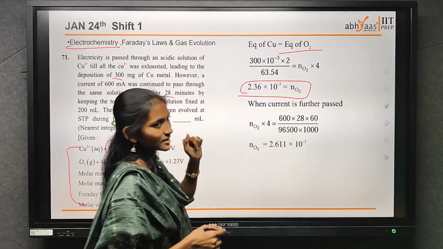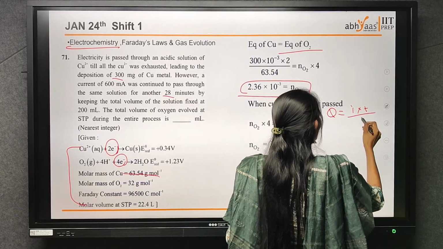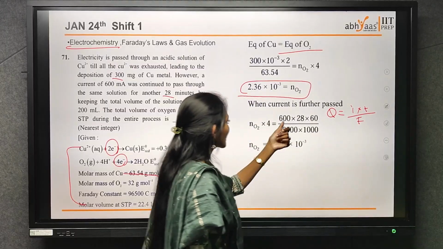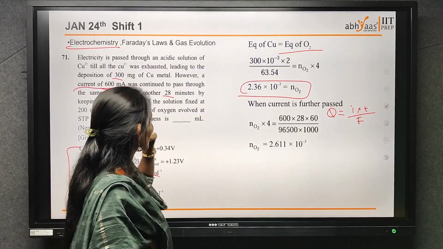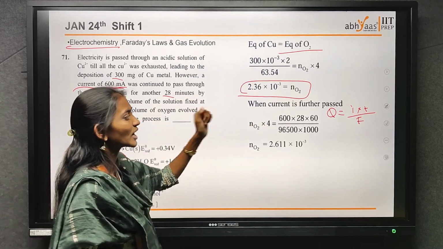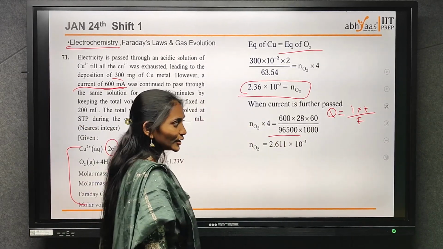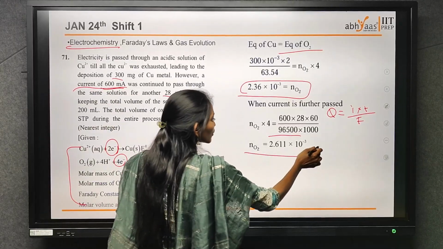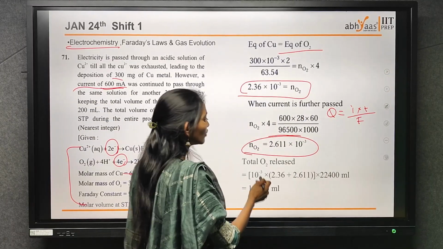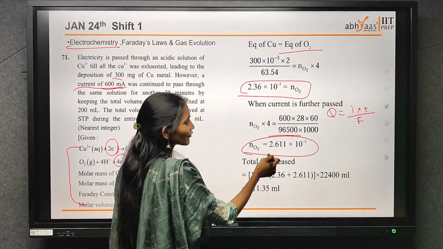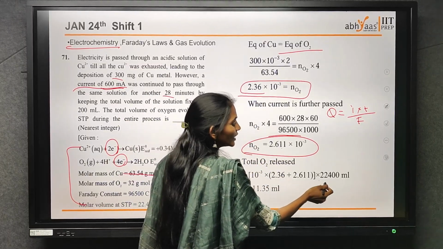When current is passed, Q is equal to I into t, and F is Faraday's constant. Here the I value is 600, the current they have given, and the time is 28 minutes. We need to convert to seconds by multiplying by 60, and Faraday's is 96,500 into 1000. Upon doing the calculation for O2, you get the moles of O2 released, that is 10 to the power of minus 3, 2.36 into 2.61, times the STP volume.